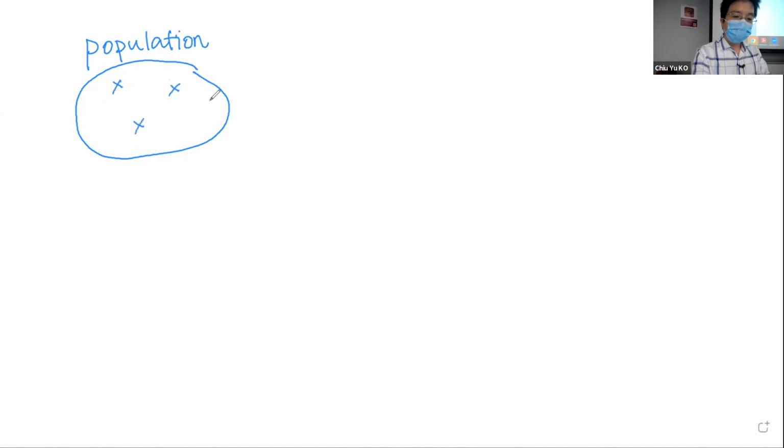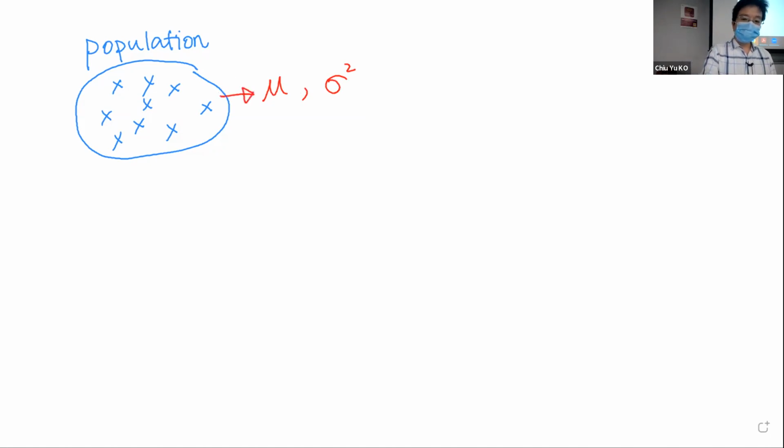Probably you want to ask how much money they want to spend on your product, or whether they like your product or not. What we care about can be summarized by what we call population parameters. Mu and sigma square are the two things you would care about at the very beginning. You may care about more, but these are the two. And if you have every single individual's observations, then you can estimate them.